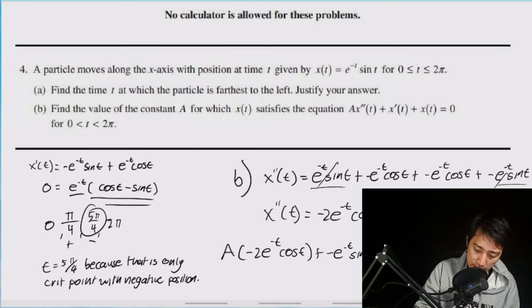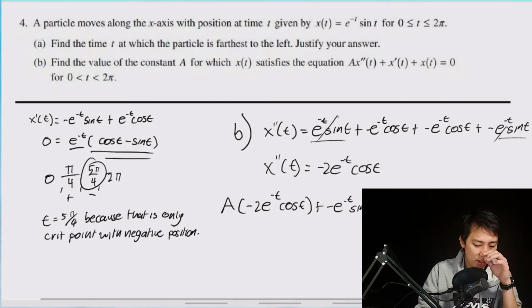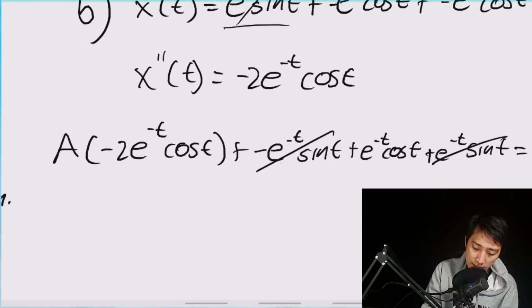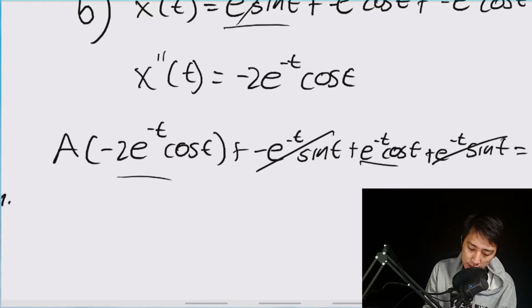Plus e to the negative t sine t is equal to 0. So I want to figure out where this is equal to 0. Hopefully something cancels. So e to the negative t sine t cancels out with this. This can pair up with this.